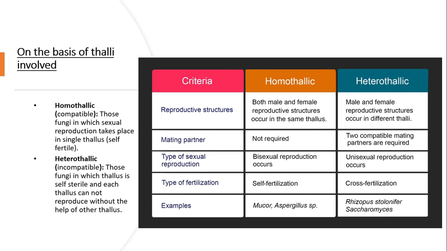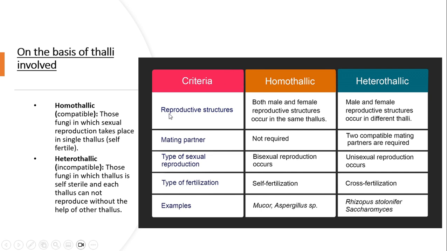Heterothallic fungi are incompatible fungi, those in which the thallus is self-sterile and each thallus cannot reproduce without the help of another thallus. Here are some other differences between homothallic and heterothallic fungi.